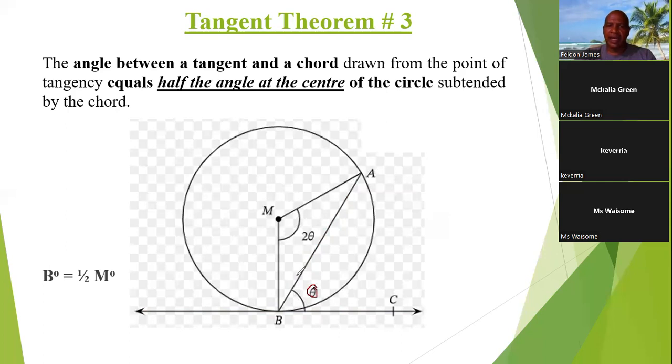And that chord, the angle that forms between that chord and the tangent line, will be half the angle at the center formed from the two radii from A and B. So the angle at the center here will be twice the angle formed with the tangent line and the chord. Is that clear, guys? So this theorem is saying.